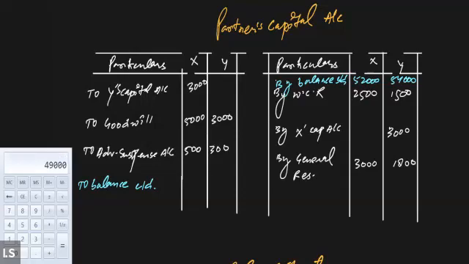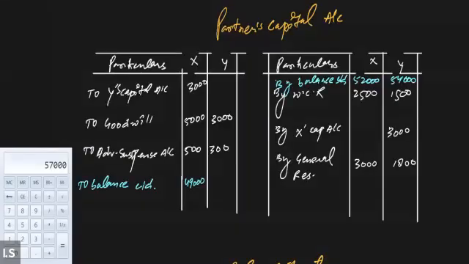We will get 49,000 as the closing balance of X. Please confirm if you are getting the same value. Then for Y, we will do 54,000 plus 1,500 plus 3,000 plus 1,800 and subtract 3,000 out of it.